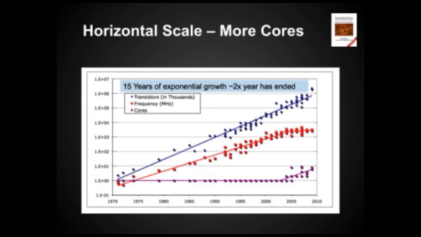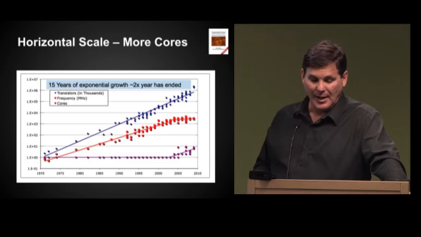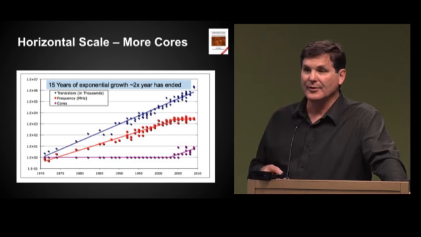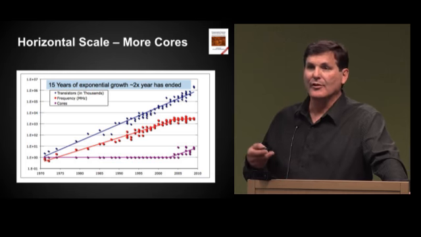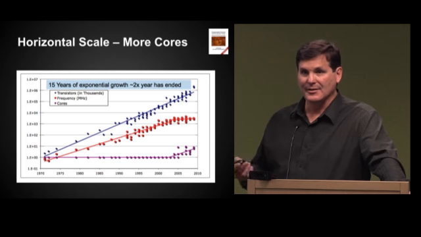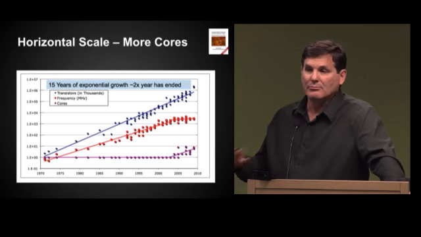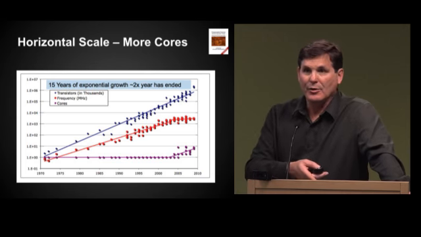So what's happened is that we've plateaued. This red line is the clock rate, and it's not going any faster. And so long as we're using silicon, as opposed to, say, germanium or sapphire or diamond as a substrate, it's not going to go any faster. We've hit the physical limits. And so those extra transistors are going into more CPUs and bigger caches and things like that. And right now, this laptop has 8 cores.